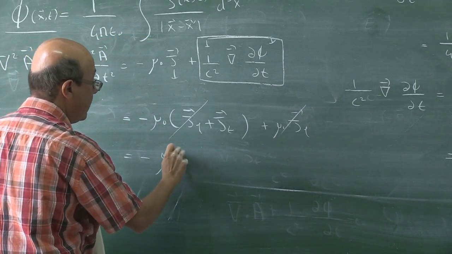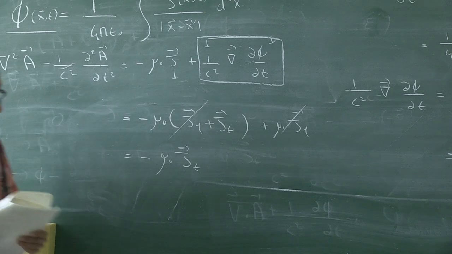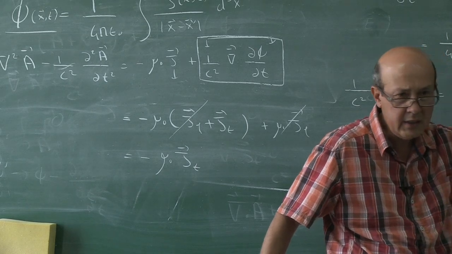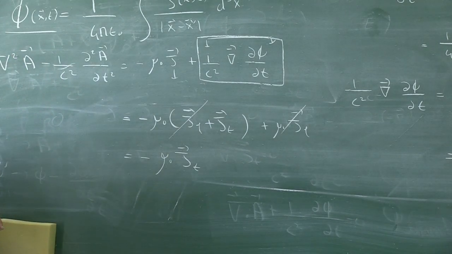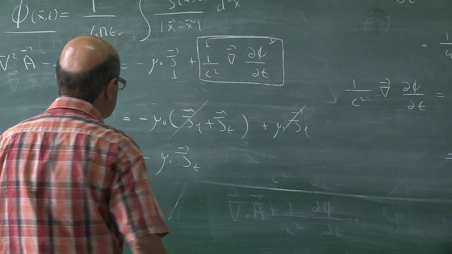Mu 0 J transverse. Okay, so in the next hour I will show you that this is equal to JL. This is an easy derivation, but some calculus we will use, so you can remember the first part of the course when we used that simple calculus.